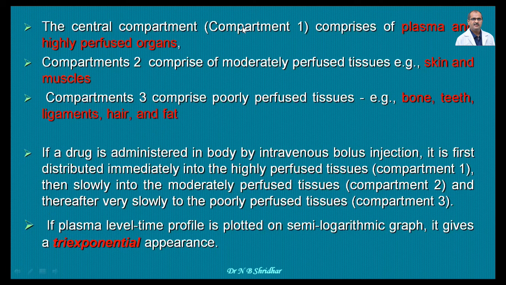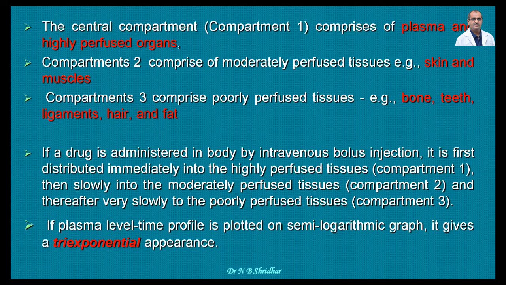So compartment 1 has very high perfusion, followed by compartment 2, whereas compartment 3 has very poor perfusion. If a drug with such a nature is administered as an intravenous bolus, it is first distributed immediately into the highly perfused tissues.